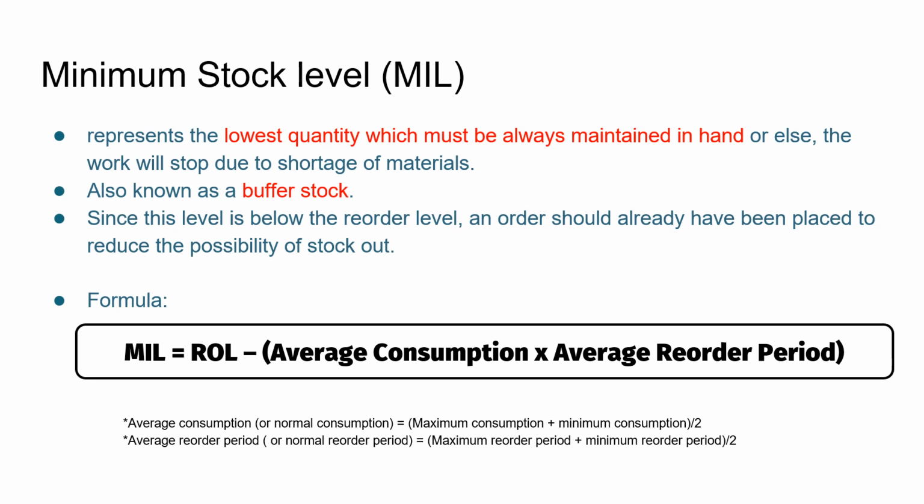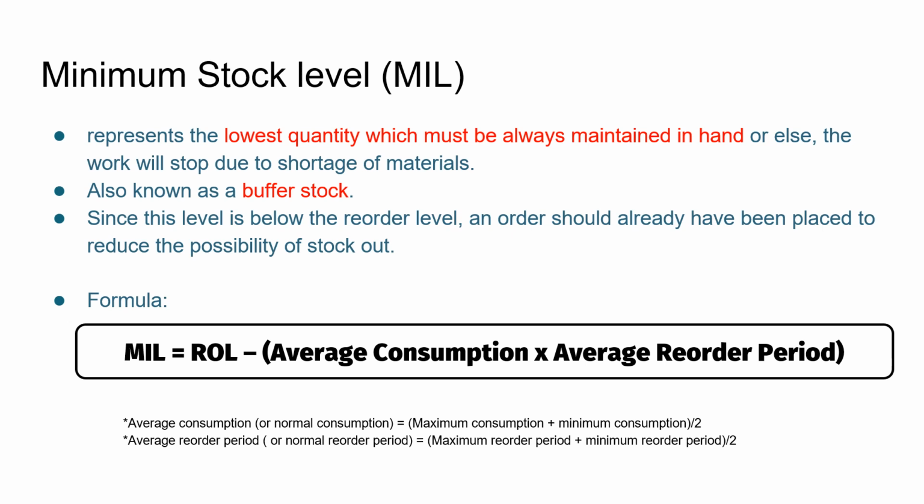So as an indicator, when your stock level reaches the minimum stock level, you must be prepared to make the purchase order, because this is the last opportunity for you, or else, as I mentioned, you have to stop the production.